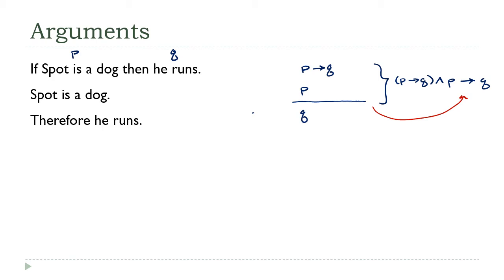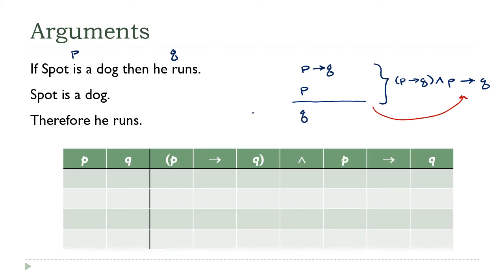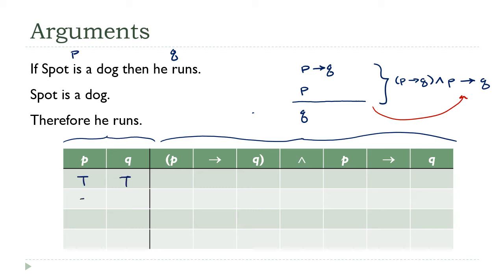All right, so let's think about a truth table, just like we've always done. I've written out the complete compound statement here. Each part gets its own column, and I've got the two inputs, the P and the Q, over here. So just like I always have been doing, I'm going to write in all the combinations of true and false here.